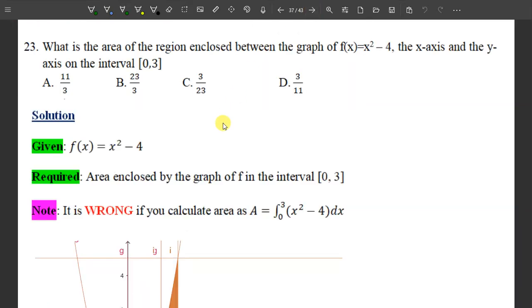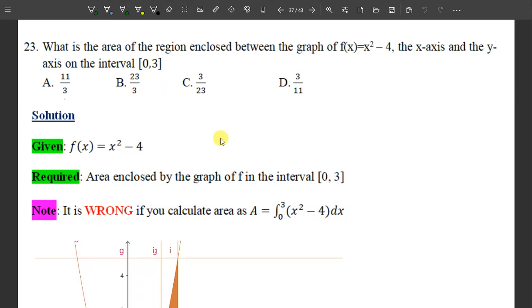The next question is about one of the applications of the integral. What is the area of the region enclosed between the graph of f(x) equal to x squared minus 4, the x-axis, and the y-axis on the interval from 0 up to 3?